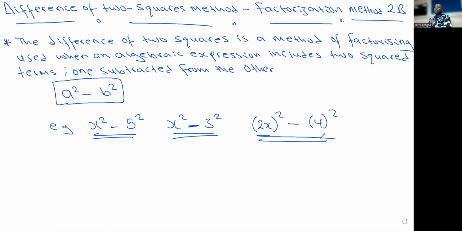Is that okay? So you can see that it's an algebraic expression where we have two squared terms, one subtracted from another. So the expression of this is a squared minus b squared. So when you see a question that is written in this form, then you know that the question is asking you for the difference of two squares.